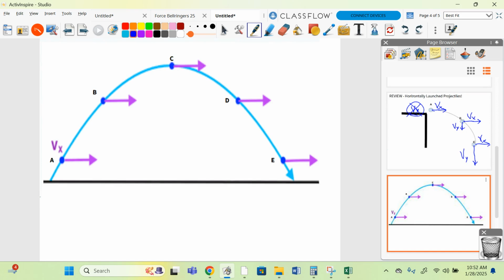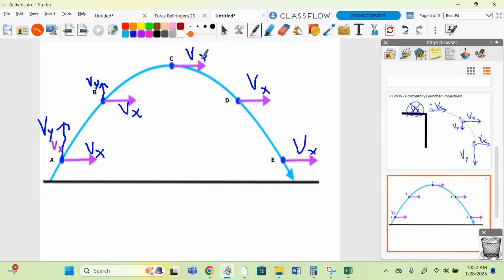With angle launched, all these here are still Vx. And Vx is still constant the whole time. So whatever motion I'm going forward, that's the motion I'm going to have the entire time that it's going horizontal. But vertically, the lower it is down here after it's being shot, this is traveling up. Well, halfway up, it's not going quite as fast.